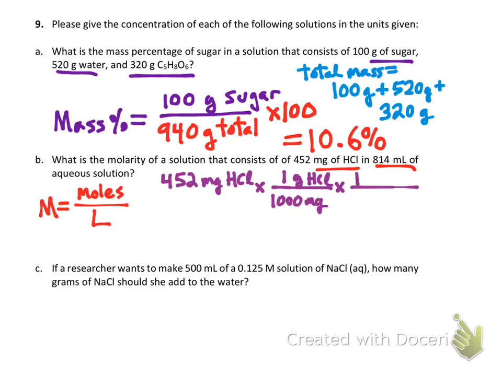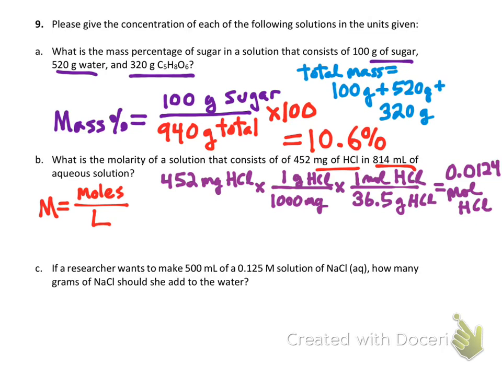Looking at our periodic table, for every 1 mole of HCl, hydrogen is about 1 gram per mole and chlorine is about 35.5 grams per mole, so we add them together and get 36.5 grams per mole. When this is all said and done, we end up getting 0.0124 mole of HCl.